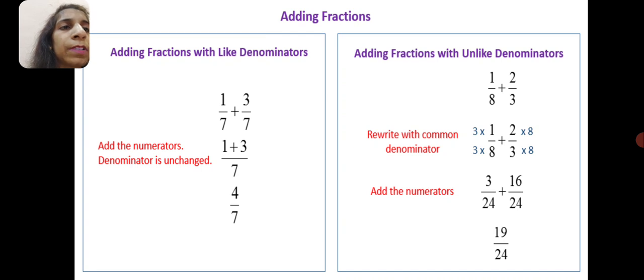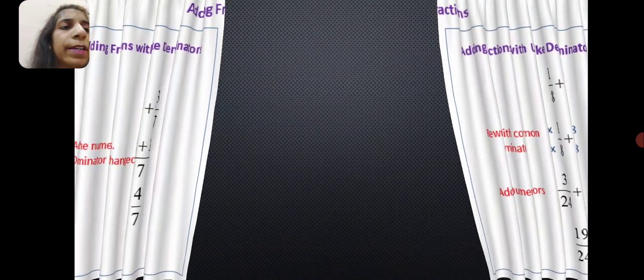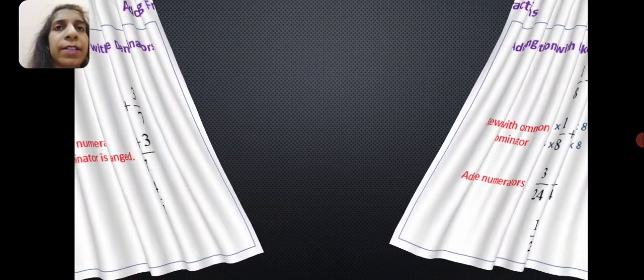In the numerator we get 3 and in the denominator 24, and for the second fraction we get numerator 16 and denominator 24. So now you get like denominators, and then you can easily add the fractions. 3 plus 16 is 19 upon 24.